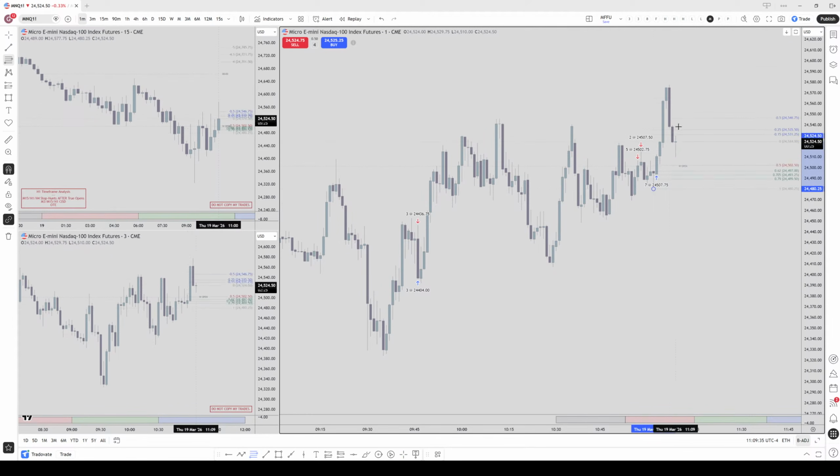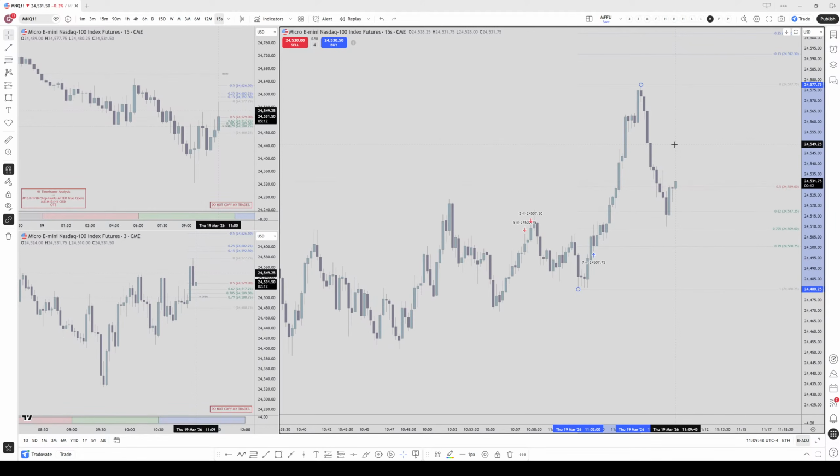Assuming that it's going to continue the expansion higher, we've just traded into discount. But as you can see right here, there's no clear CISD. Pretty tough to make a decision like that.